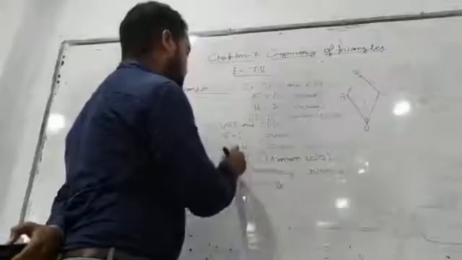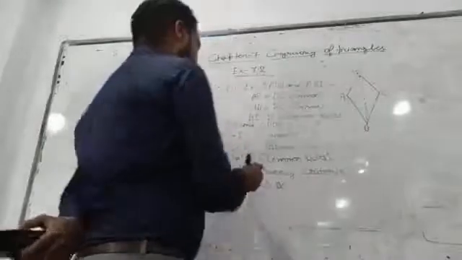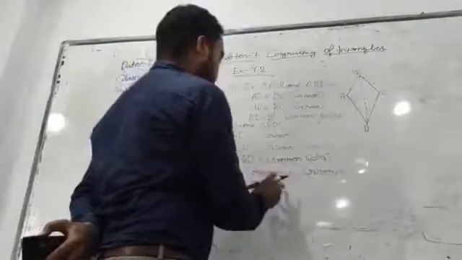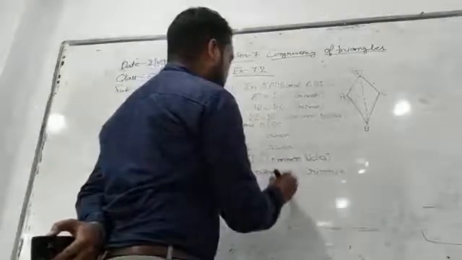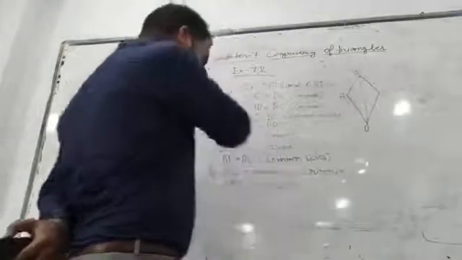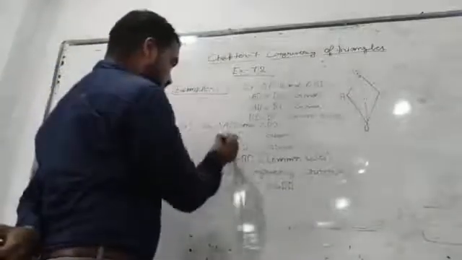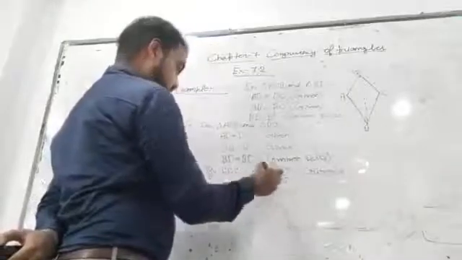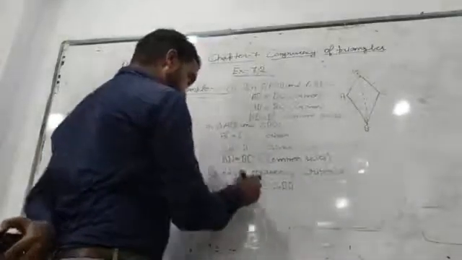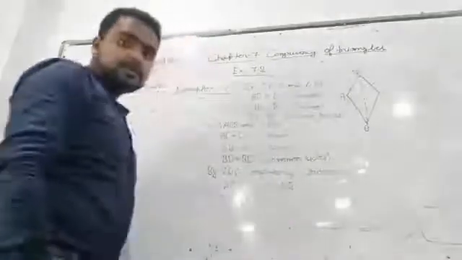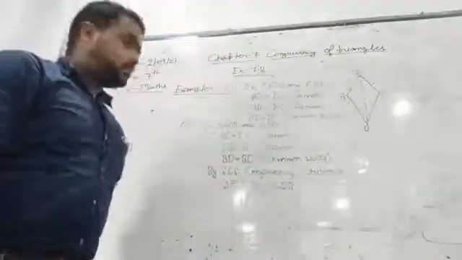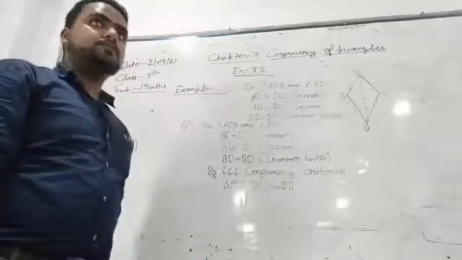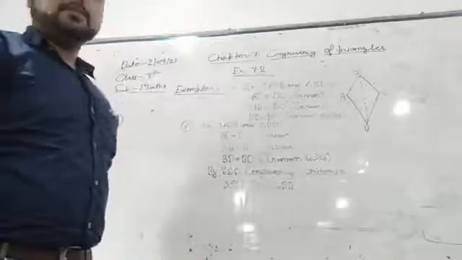Now DB is equal to DB, and AB is equal to BC. So it is written in the right form. We check here whether all the corresponding parts are written in the right form or not.